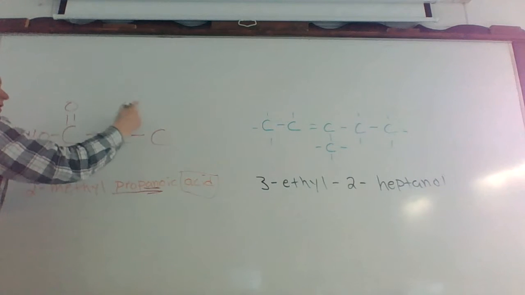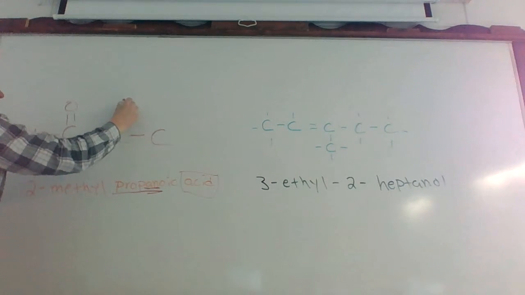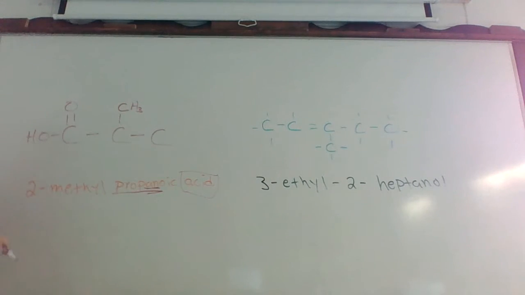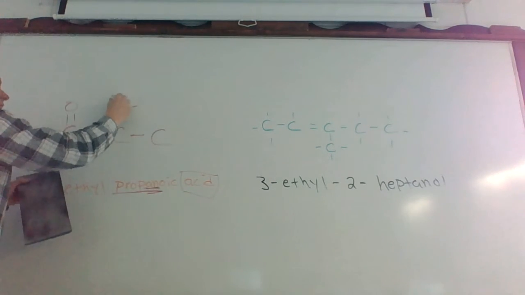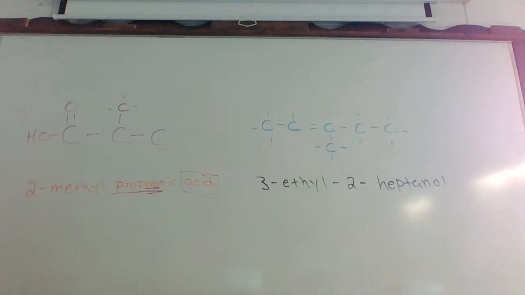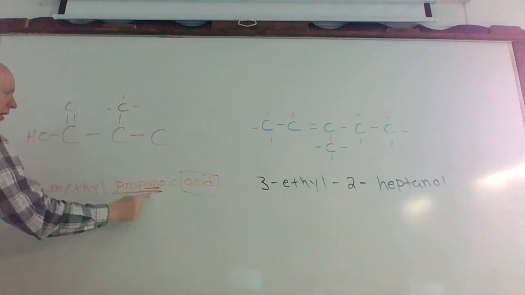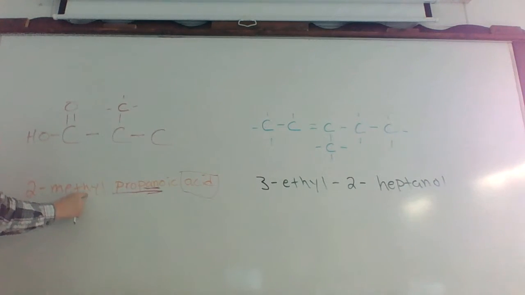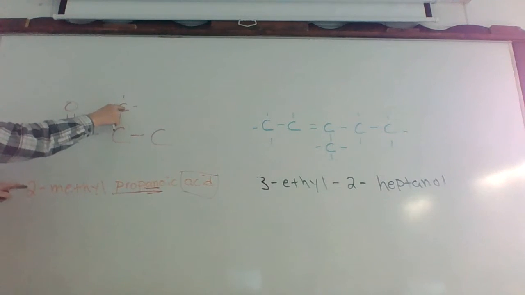No. We're going to put them here. You said CH3. You can write it like that if you want. It means the same thing as this. Whichever one you're more comfortable with. So we've accounted for our acid. There's our 3 carbons. We say that there's a methyl group. There it is on this second carbon.